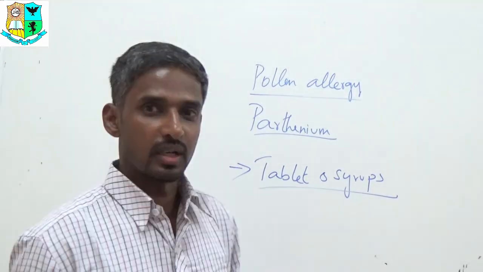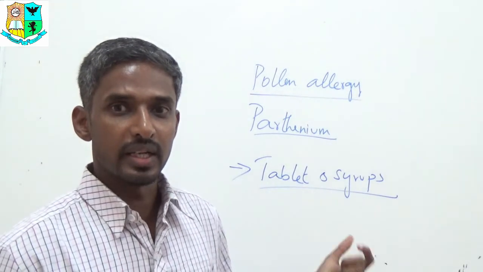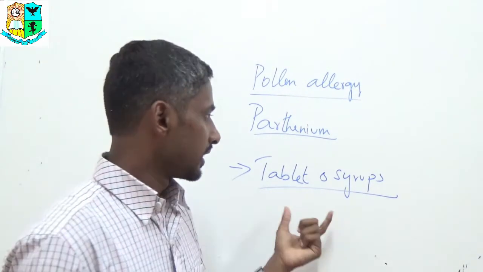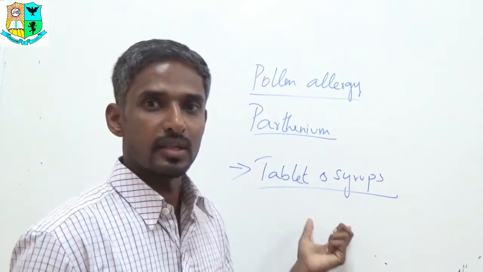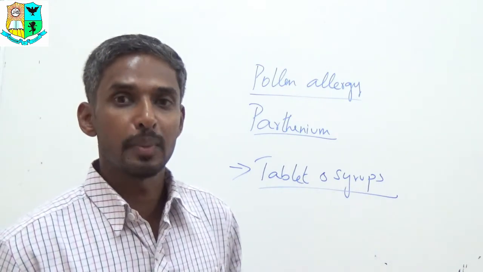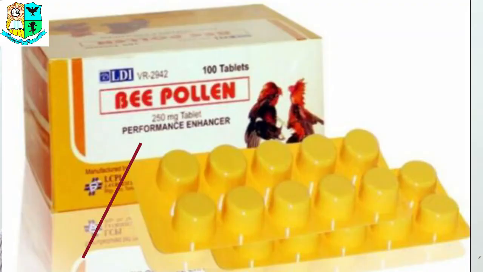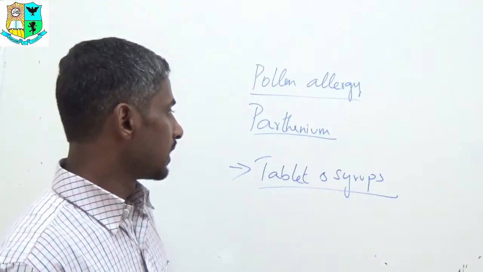And especially the athletes, it is said that intake of this pollen syrup or tablet increases their performance. That means they are able to perform well. Not only these athletes, but also the race horses. That means their stamina increases when they take in the pollen grain in the form of syrup or tablets.